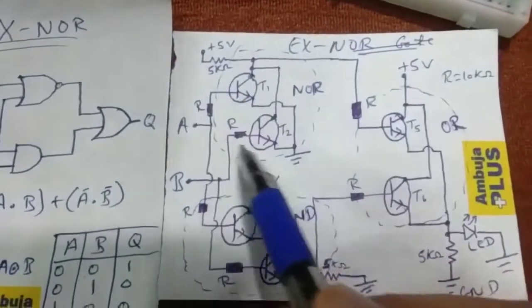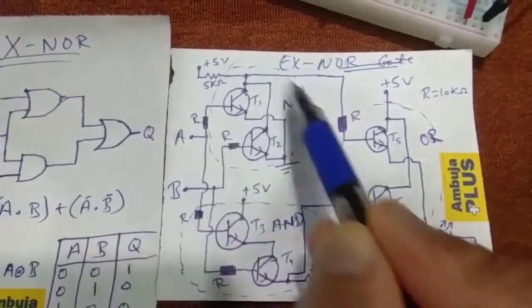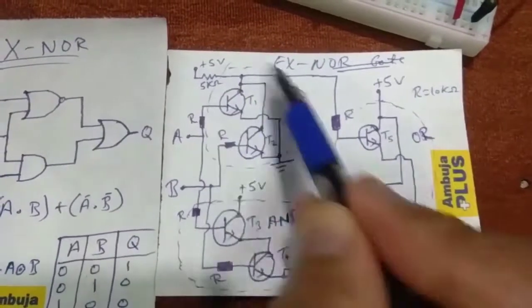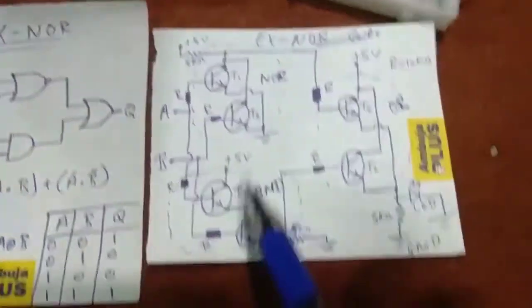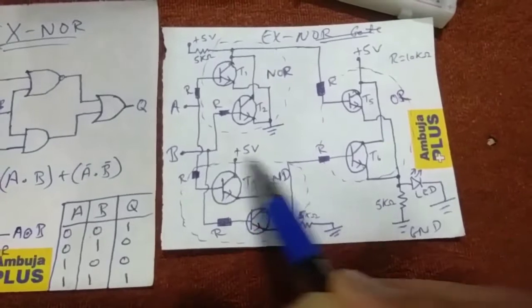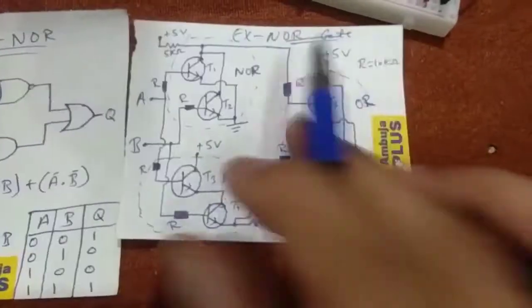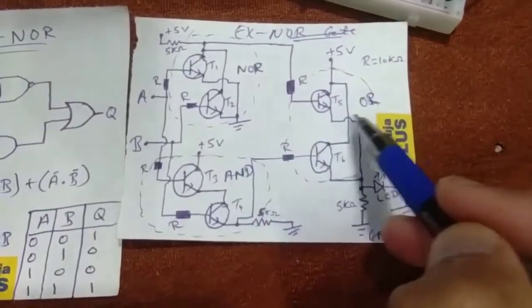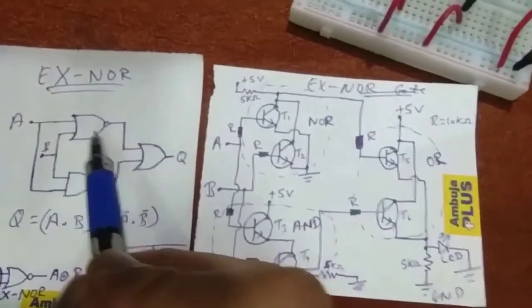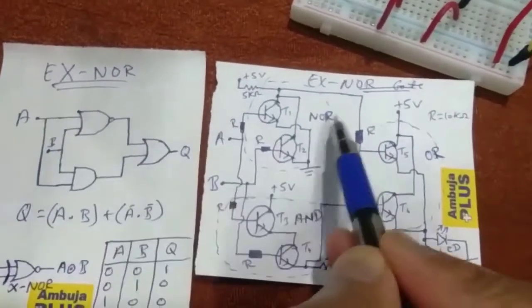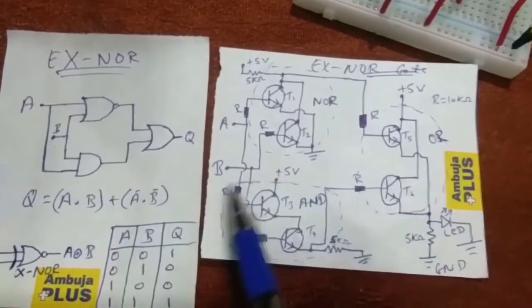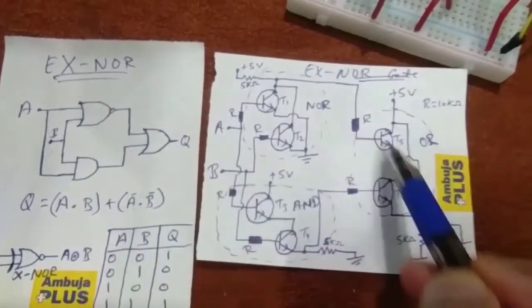These are dotted lines, or circular dotted lines. This whole logic is for the NOR gate. Here this whole logic will be for the AND gate. Similarly here this whole logic will be for the OR gate. So this is what we have here: NOR gate, AND gate, and OR gate.